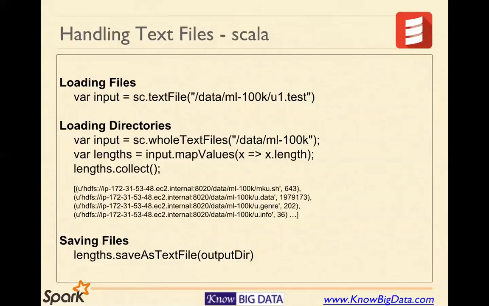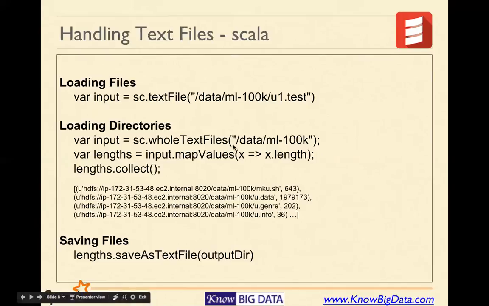So this we have already used. We basically read the data either line by line, or if you want to read data such that every record is a tuple, and it should contain the entire data in the value, then you can say sc.wholeTextFiles.